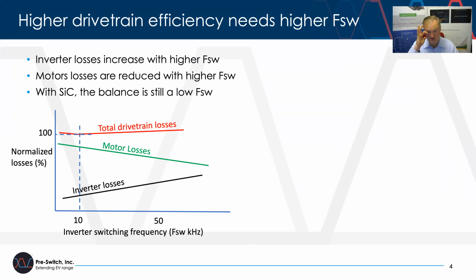The result is, even though we're using silicon carbide in inverters today, such as Tesla and others, the switching frequency is still low. So what engineers do is they typically balance the motor efficiencies to the inverter efficiencies and find the sweet spot, which is generally between 5 and 15 kilohertz for motors that are in the 150 kilowatt to 350 kilowatt range.